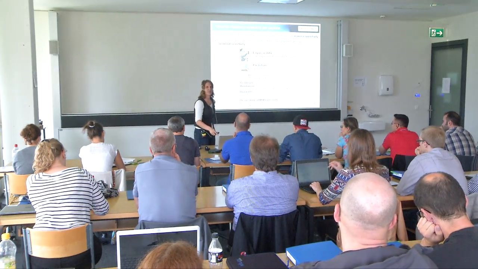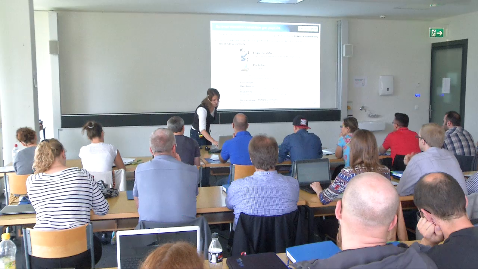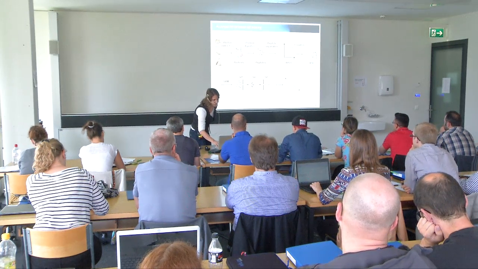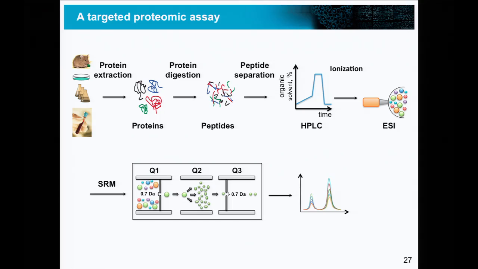Any more questions? Good, so then let me wrap up this part. What I've shown you on all the slides before is that in order to do an SRM measurement, you actually need to have prior knowledge on all the steps of the proteomic workflow.